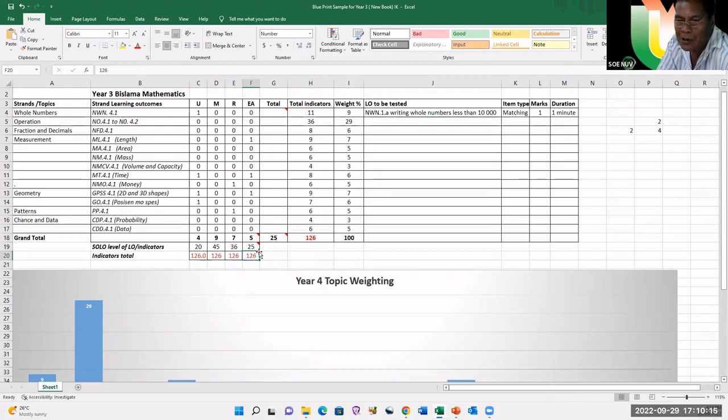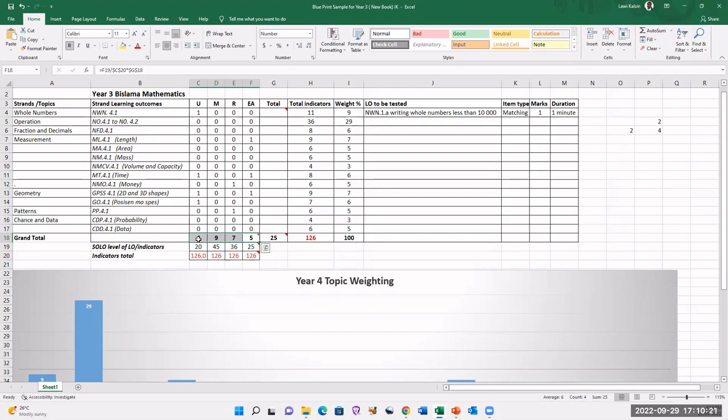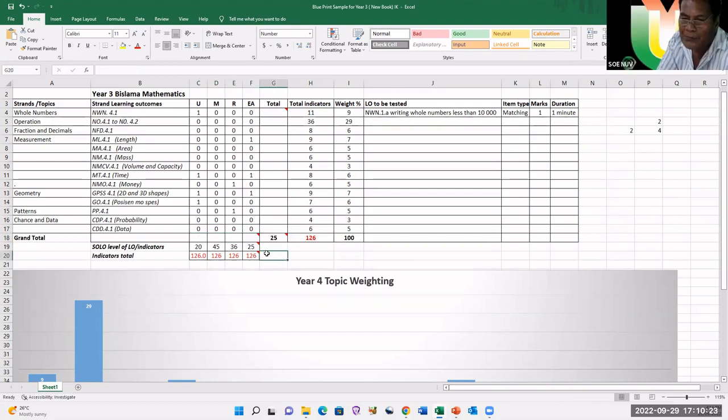So the calculation to make it proportional, I'll wipe out that one. The only number we need to sum is 25 or 30.